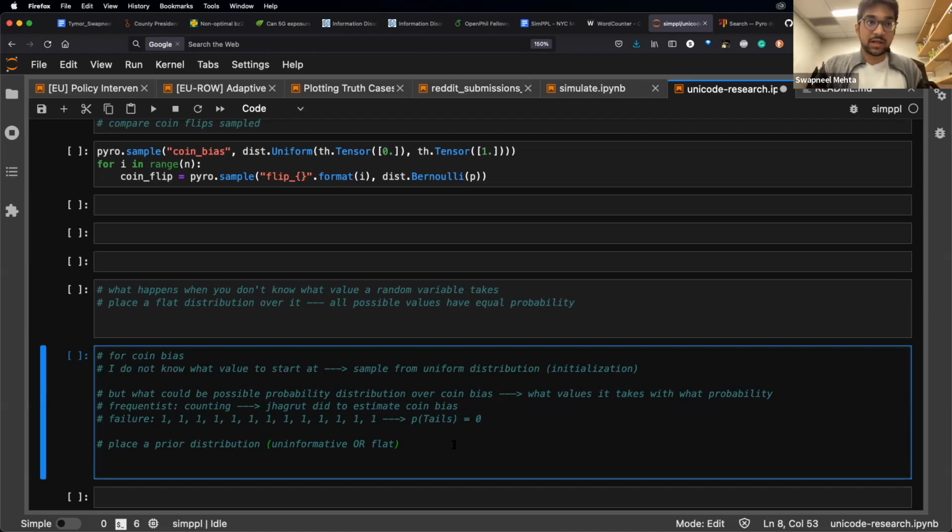So what you start with, okay, assuming you understand what that means, I will place a prior distribution that I will learn. So learning will happen here about what distribution the coin bias has, what values it can take, or this answers the question, what is the value of coin bias likely to be?